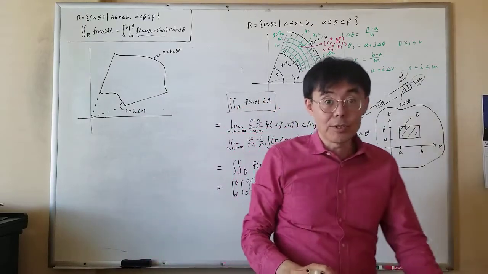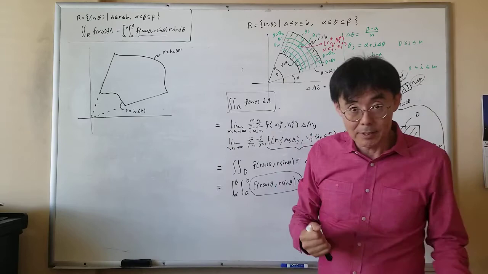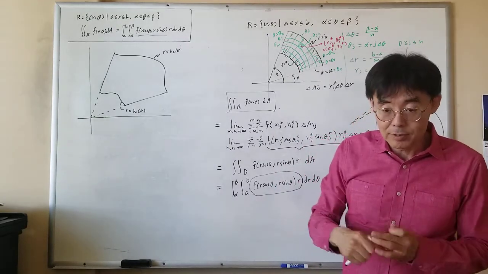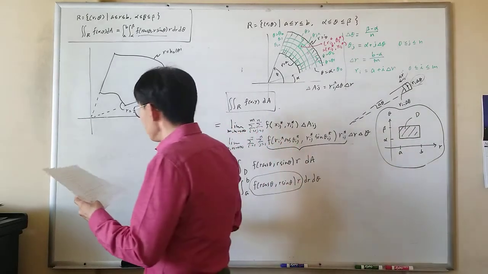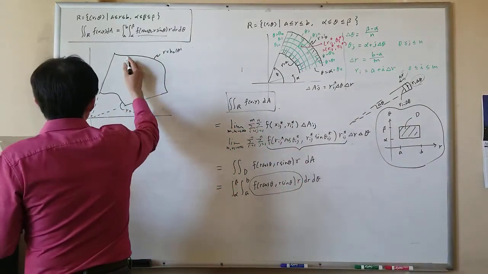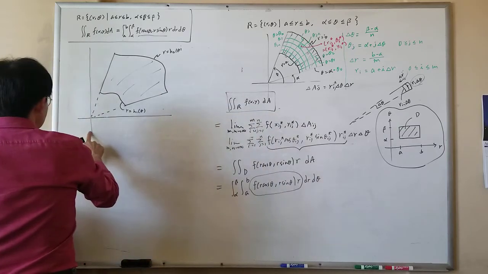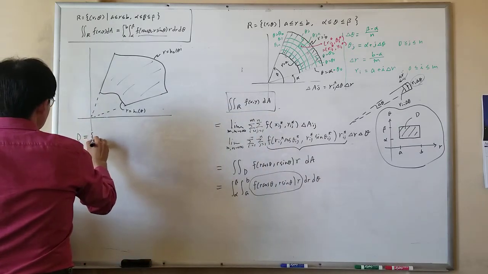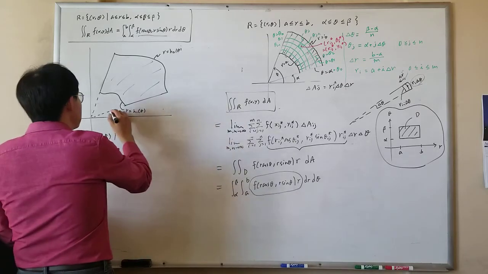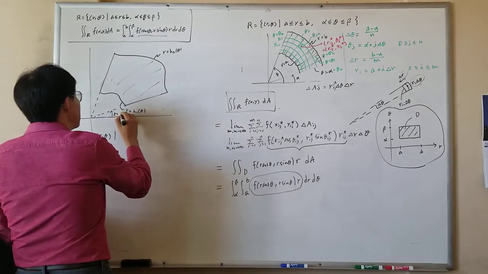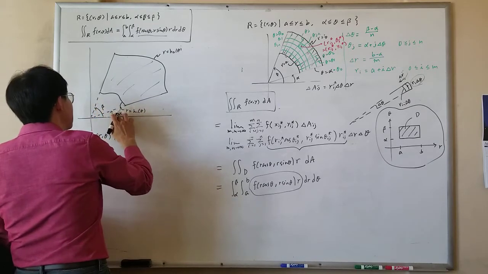R equals some function of theta. You learned those kind of curves before, all right? Appendix H in calculus 2. Now, this is the domain D. You can describe D just like a type 2 in XY case. Theta runs from alpha to beta. Okay?